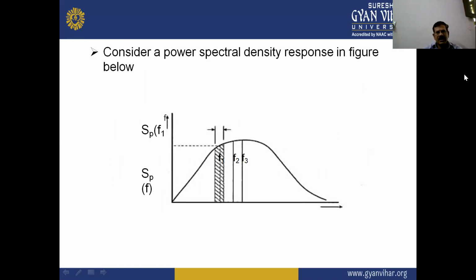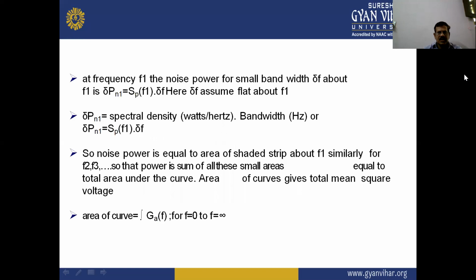Consider a power spectral density response in the figure. So here in this graph, this is the power spectral density response. At frequency f1 in this figure, the noise power for a small bandwidth delta f about f1 is delta Pn1 equal to Sp(f1) delta f, where delta f is assumed flat about f1.